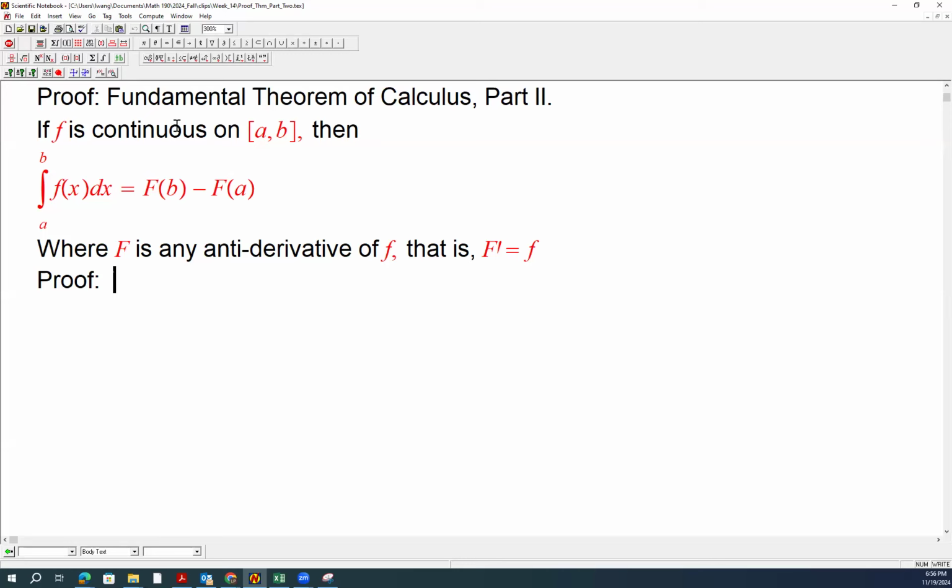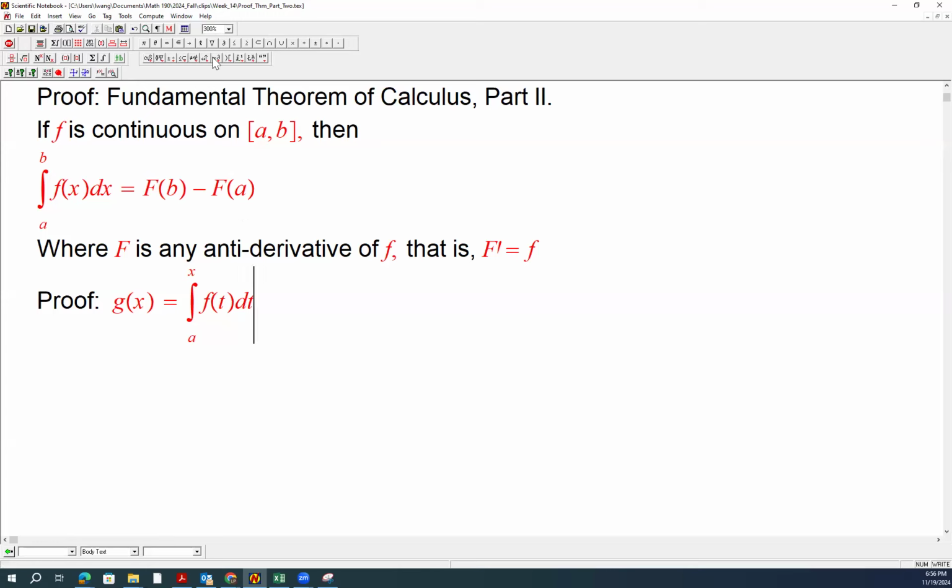Okay, we know that from the fundamental theorem of calculus part 1, right? If we assume g of x is equal to the integral, with some minor changes here, of f of t, this function is an antiderivative.